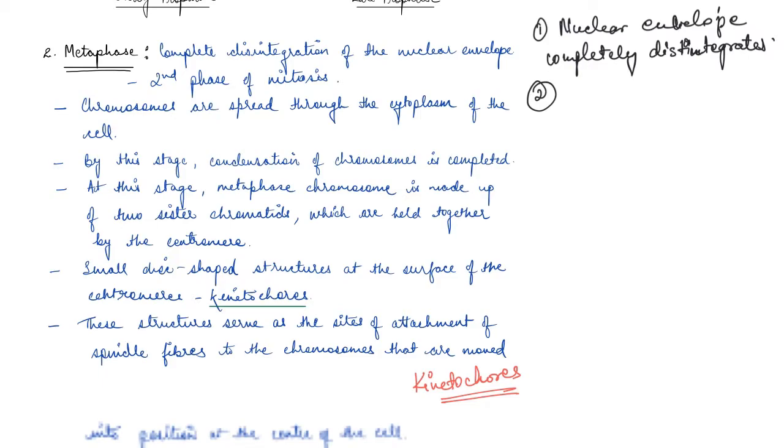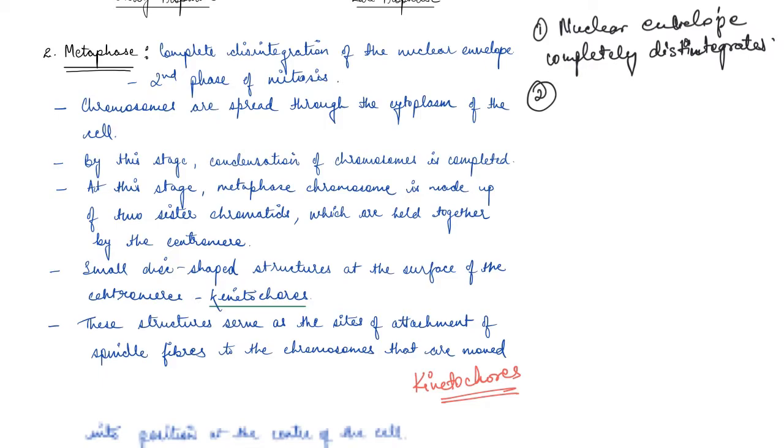It is characterized by all the chromosomes coming to lie at the equator. One chromatid of each chromosome is connected through its kinetochore to the spindle fiber from one pole, and the sister chromatid is connected by its kinetochore to the spindle fiber from the opposite pole, right?